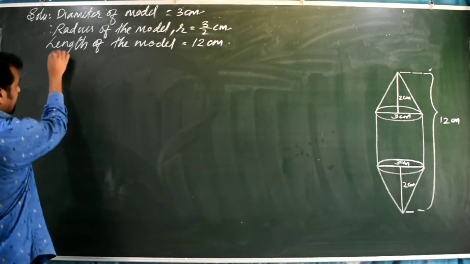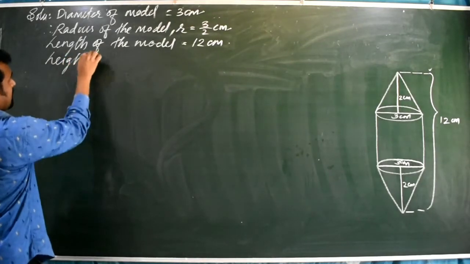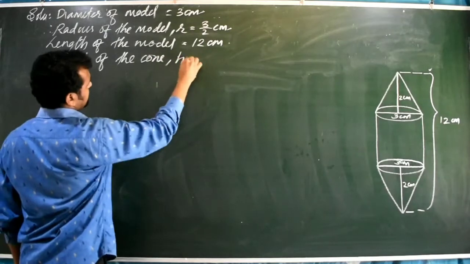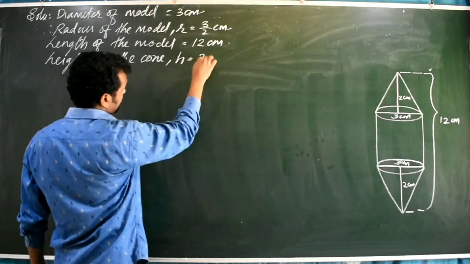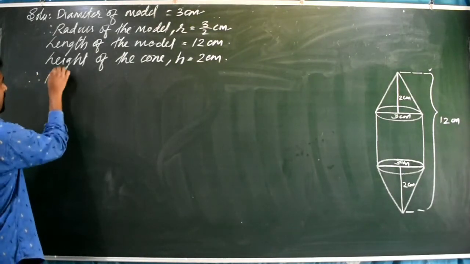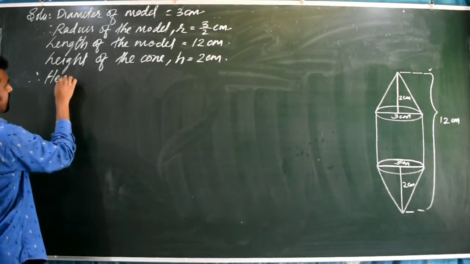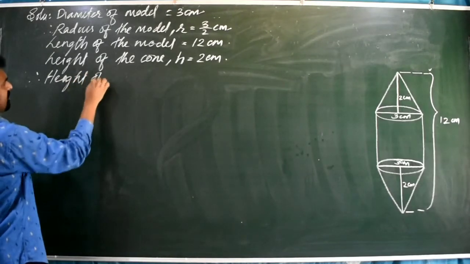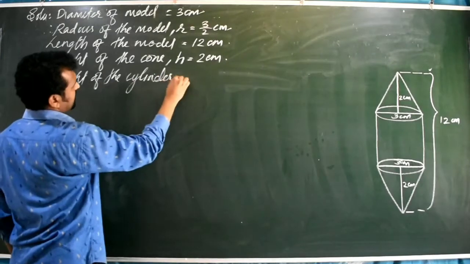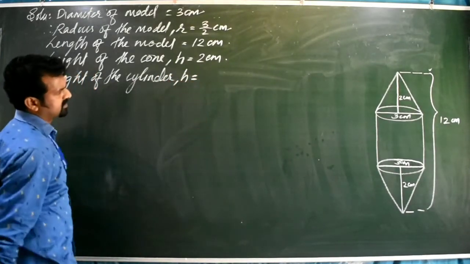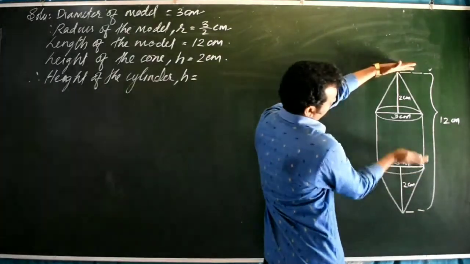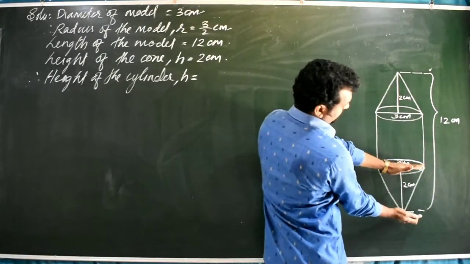Then the height of the cone H is equal to 2 centimeter. Therefore, the height of the cylinder H: total length is 12 centimeter, and the height of each cone is 2 centimeter.